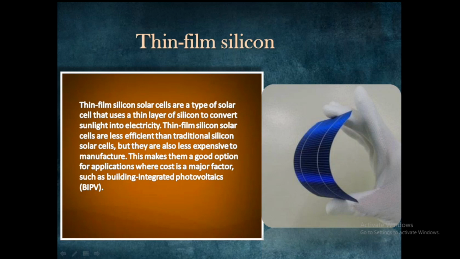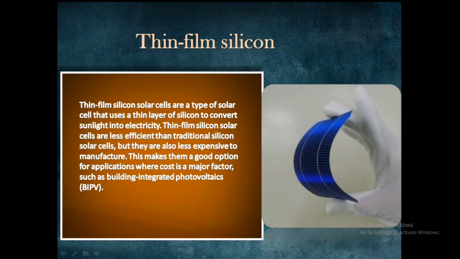Thin film silicon solar cells are less efficient than crystalline silicon and monocrystalline silicon, but they are also less expensive to manufacture. Since it uses a thin layer of silicon, it is less expensive to manufacture.